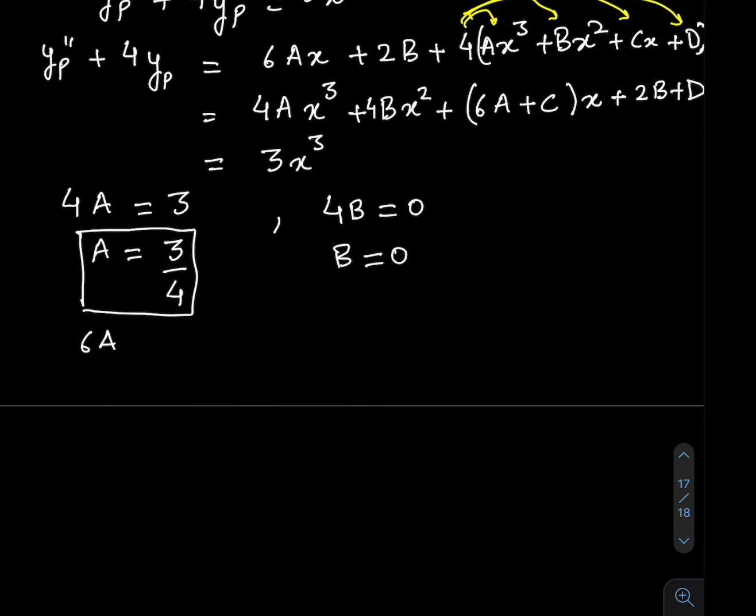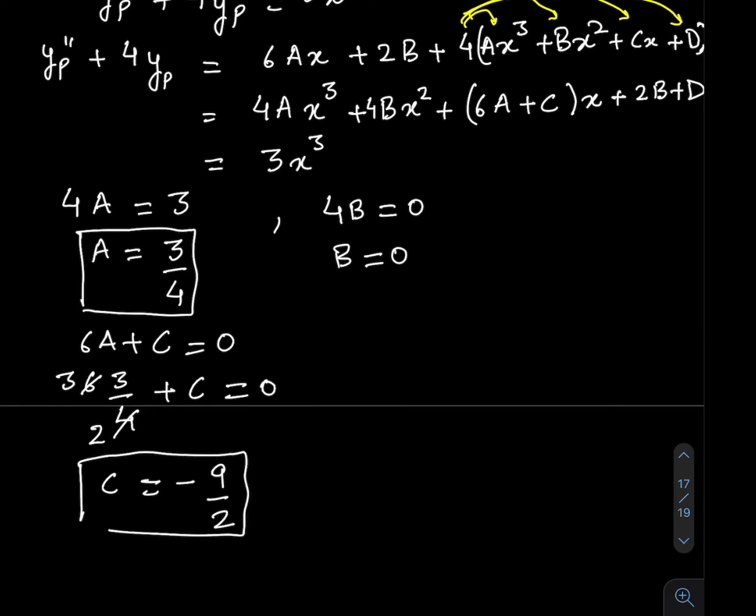Coefficient of x, which is 6a plus 4c, is equal to 0. Substitute the value of a. So our c is equal to minus 9 divided by 16.